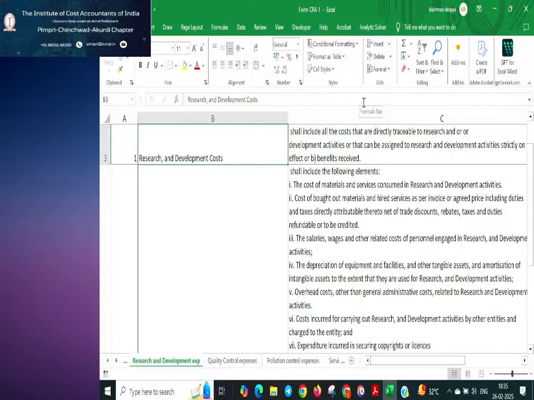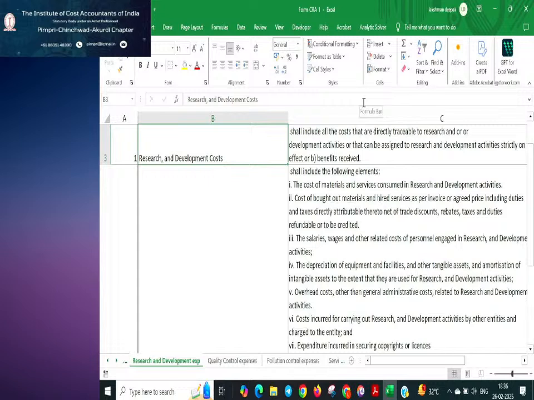or else their products will become redundant. So what are the things that we need to consider in case of research and development cost? Whichever is generic in nature, like for example, finance cost, should it be included or excluded? Finance cost should be excluded. What about imputed cost?